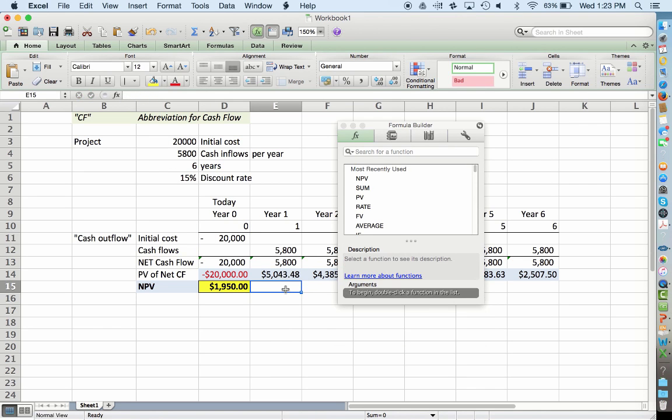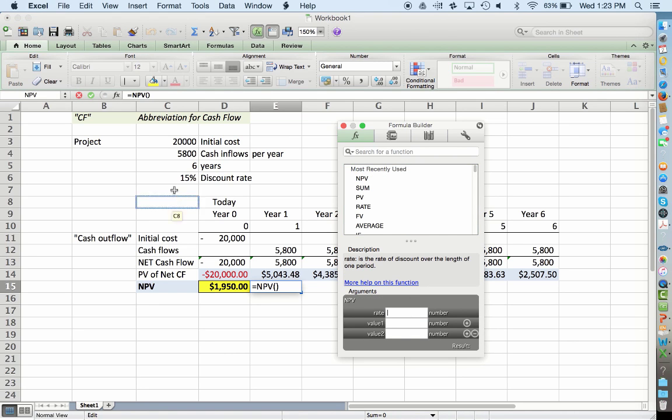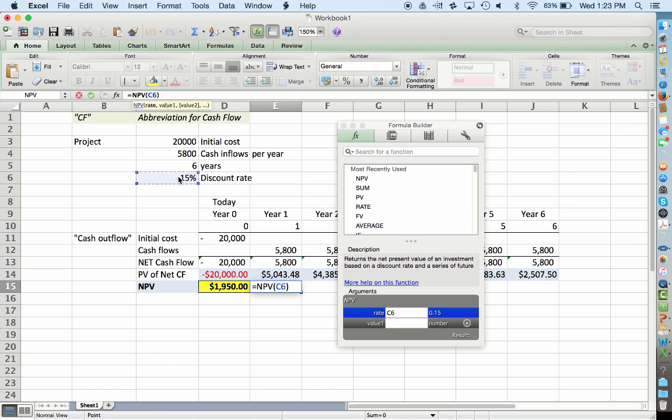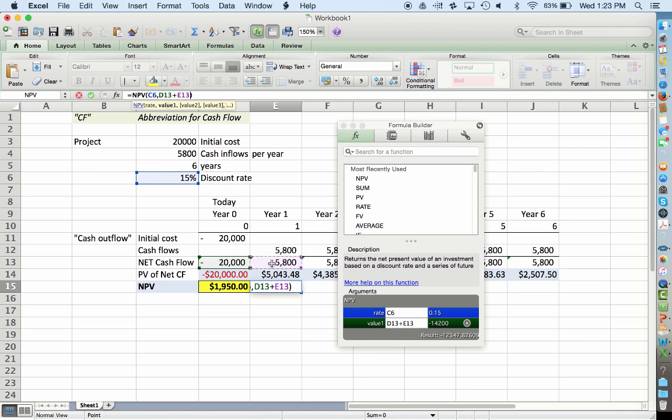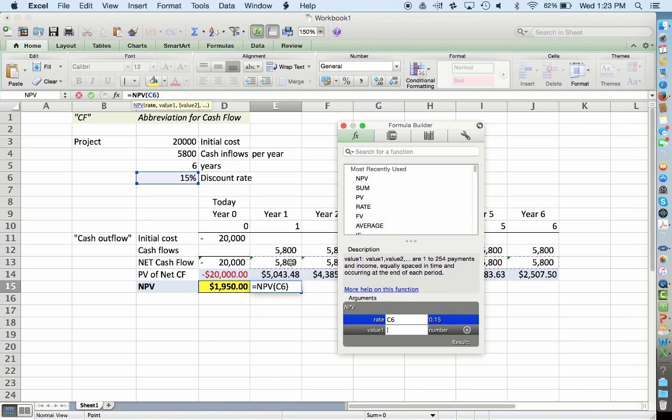But if you want to use it, what you do is you use that rate, and then you have to use the net cash flows. And you have to start with year 1. Hold on. You got to do it right, otherwise it messes up. Okay.